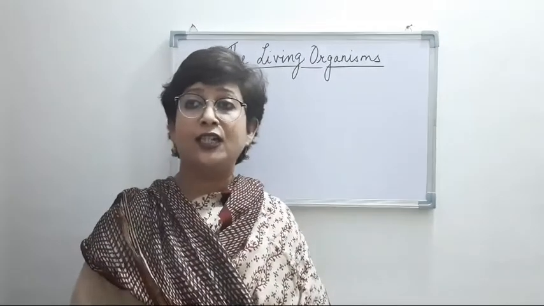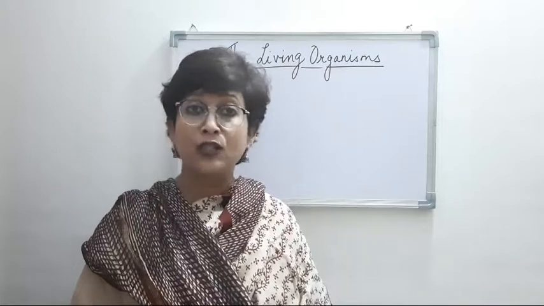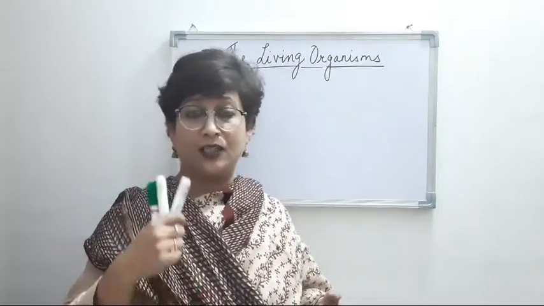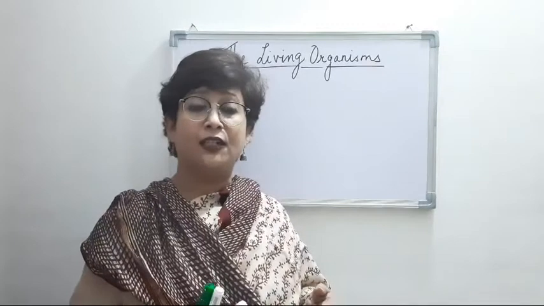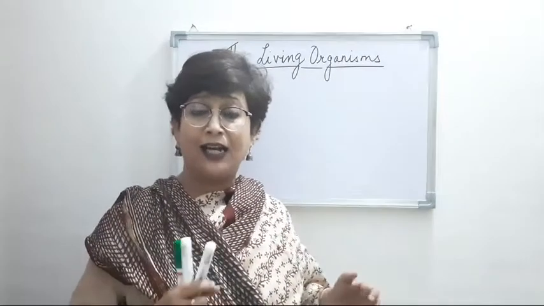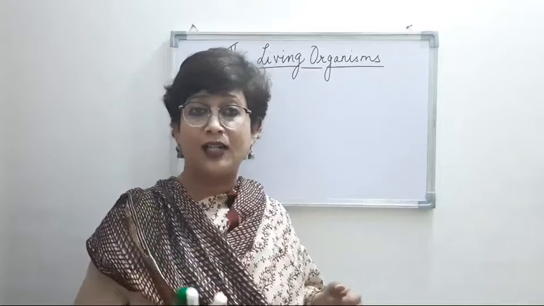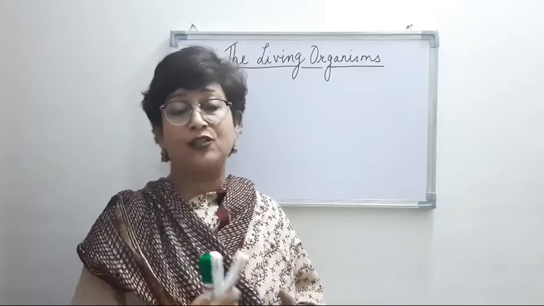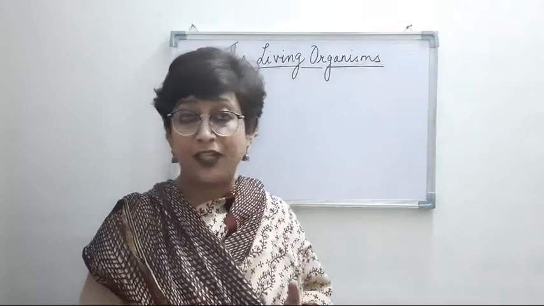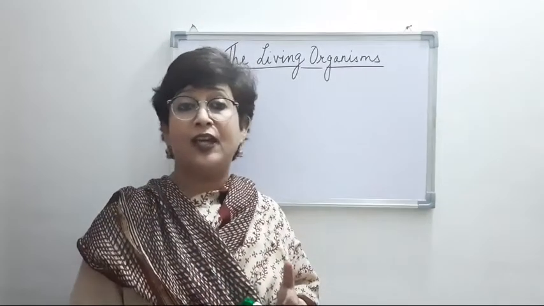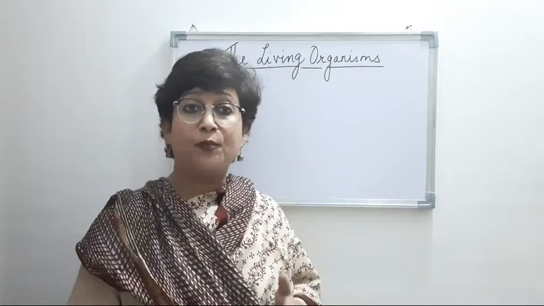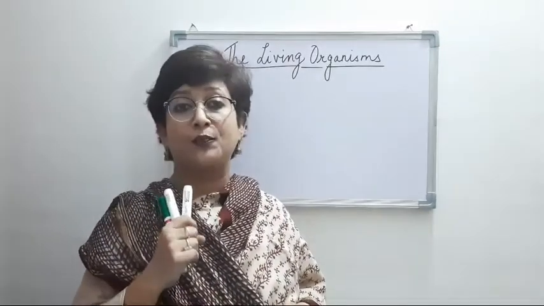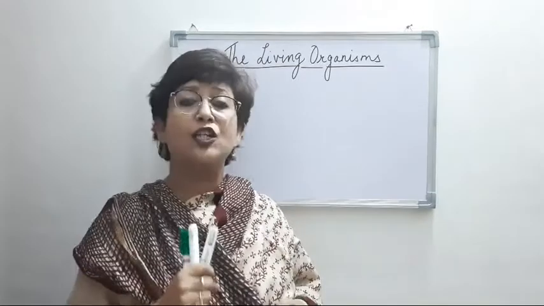Then we discussed the rules of binomial nomenclature: these scientific names are in the Latin language and are written in italics. Each scientific name has two components, the genus and the specific epithet or the species. The first alphabet of the genus starts with a capital letter and the first alphabet of the specific epithet starts with a small letter.